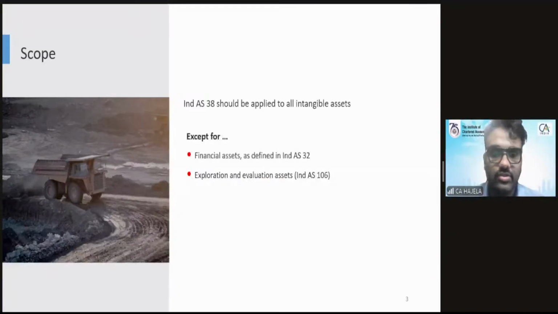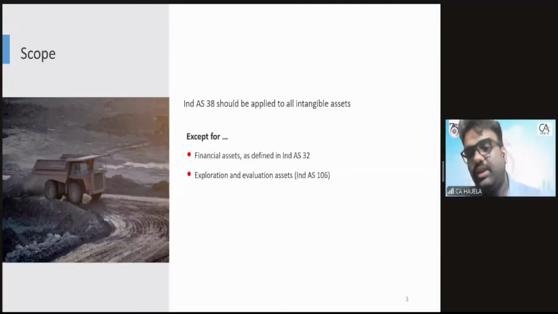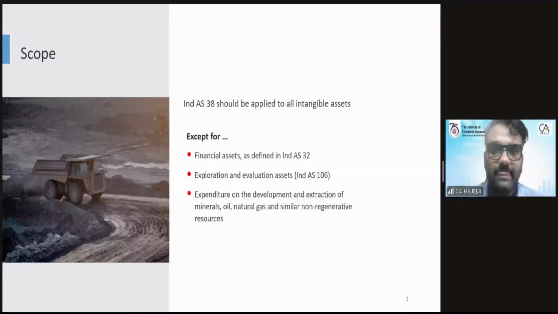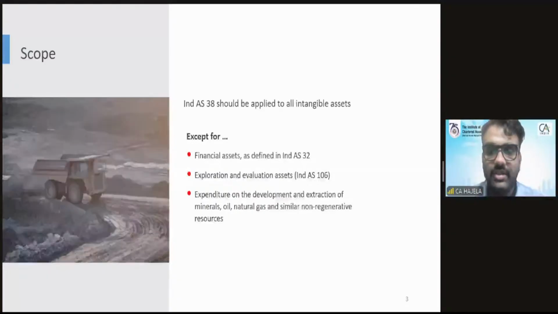These costs are incurred, be it for topological studies or geographical studies, basically to understand whether a particular site is relevant for extracting the resources or not. So all those expenditures which are capitalized are treated as per Ind AS 106 and not Ind AS 38. Similarly, for the third point, the same explanation is relevant.